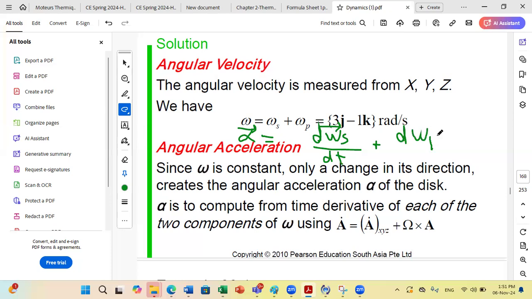And to be able to do these derivatives, first we should know if this vector is changing in magnitude and direction. Let us look at omega p first.